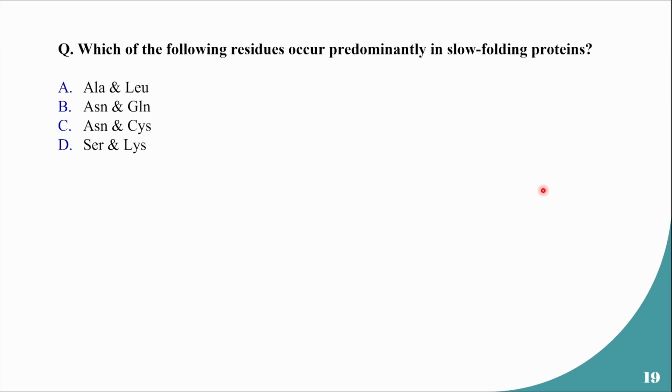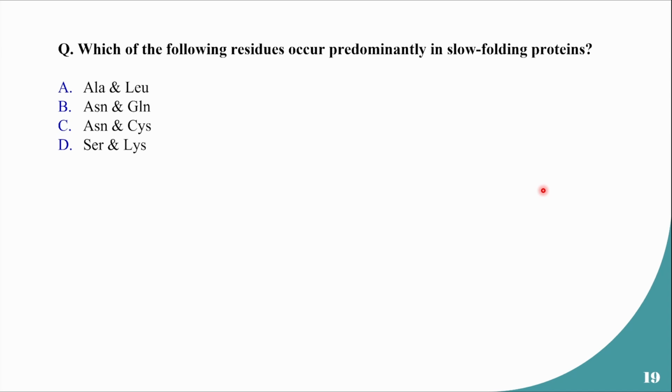He talked about certain amino acid residues that were more prevalent in slow folding proteins, and others more prevalent in fast folding proteins. So this question is asking, which of these residues are predominantly occurring in slow folding proteins? Could you answer this in the chat maybe?